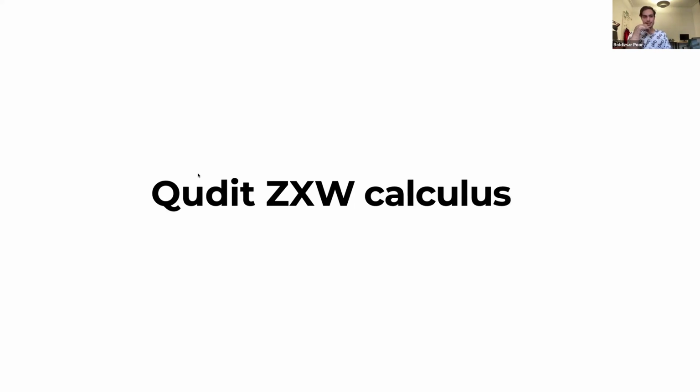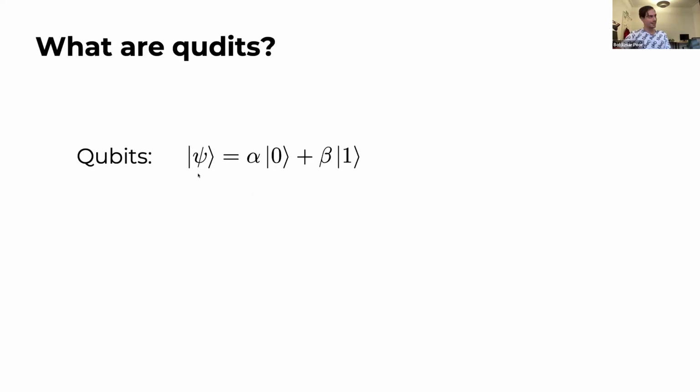So the qudit ZXW calculus. One natural question you might be asking, and I haven't answered yet, is what the heck are qudits, right? So we know what qubits are. They are these two-dimensional quantum bits where any state can be in the superposition of ket 0 and ket 1.